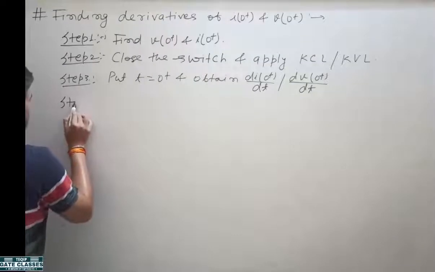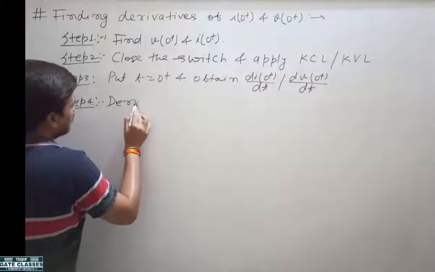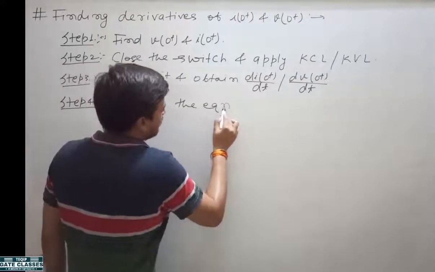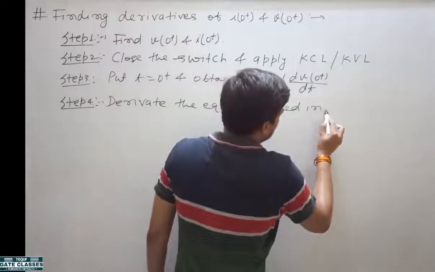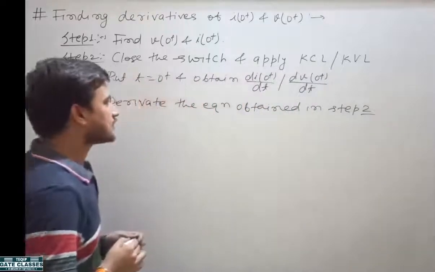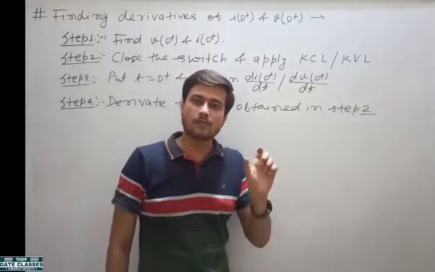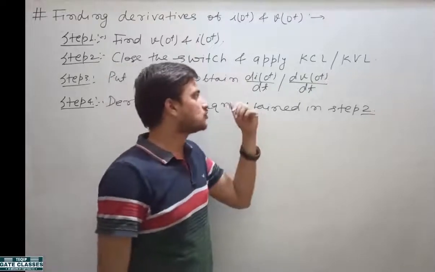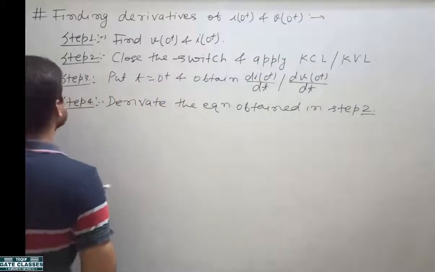Then we will find from here di 0 plus upon dt or dv 0 plus upon dt. Step 4, derivate the equation obtained in step 2. What does it mean? Now we have to find d square I upon dt square and d square v upon dt square. To find that, we will have to derivate the first equation that we obtained in step 2.